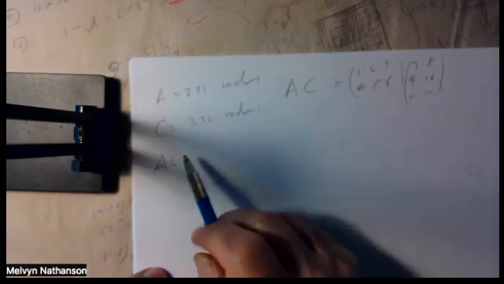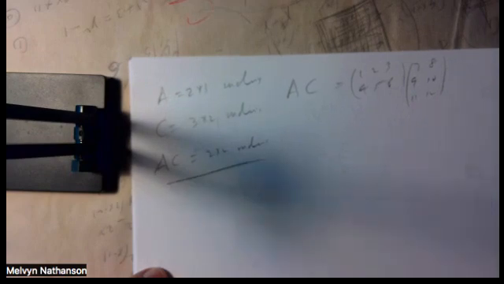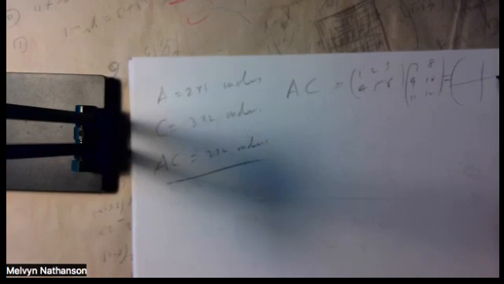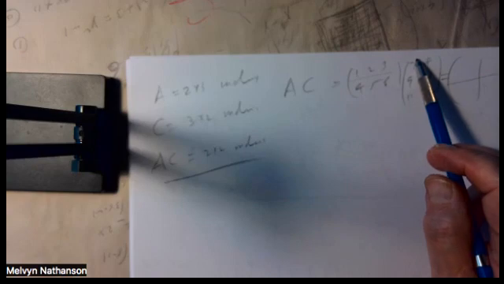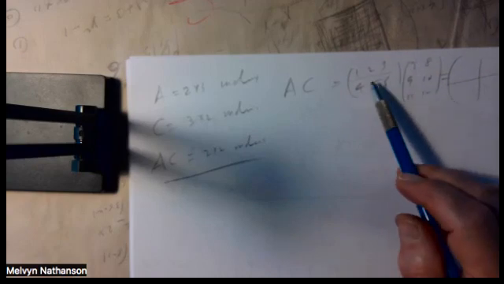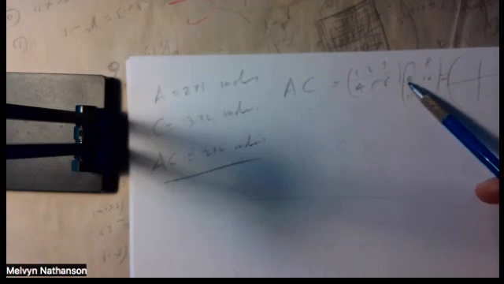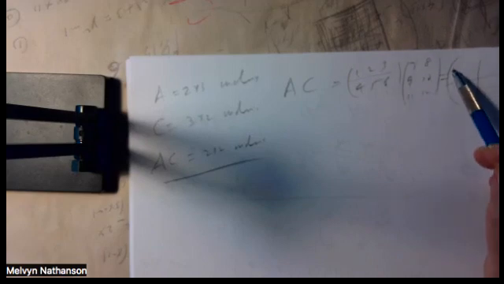And the product AC will be a 2 by 2 matrix. And you get it by multiplying row into column. So for the first row, first column, I take the first row times the first column here, and I multiply coordinates and add: 7 plus 18, 25, plus 33 is 58.